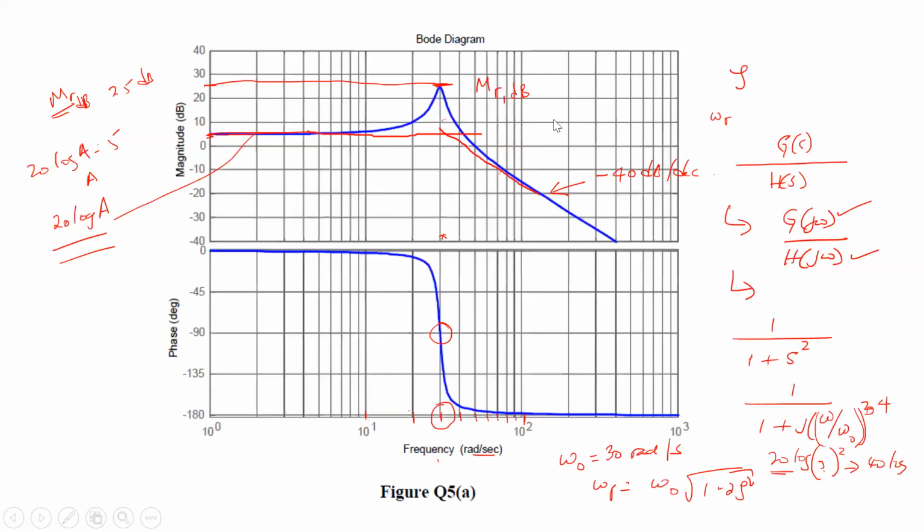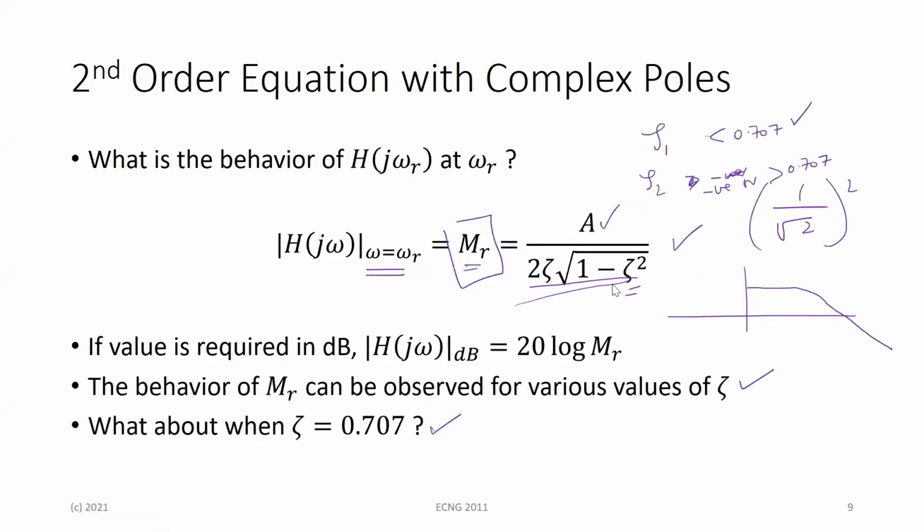The system damping, MR, you need to get MR from this, you need to get A. And then you go back to, which slide is it? This, right? You go back to this formula here. You substitute A, you substitute MR, you solve for zeta.